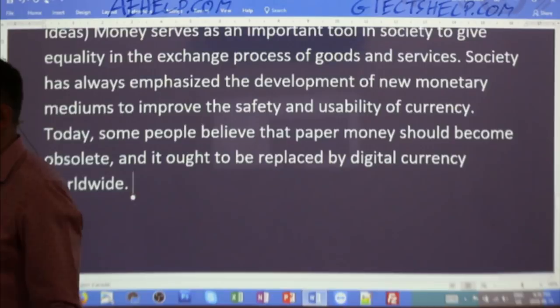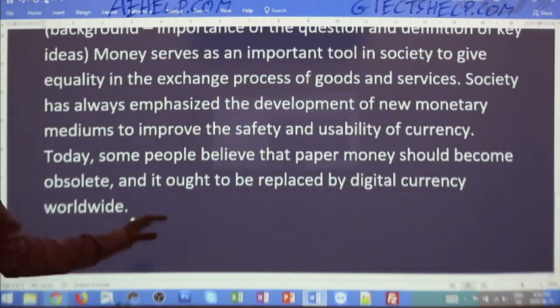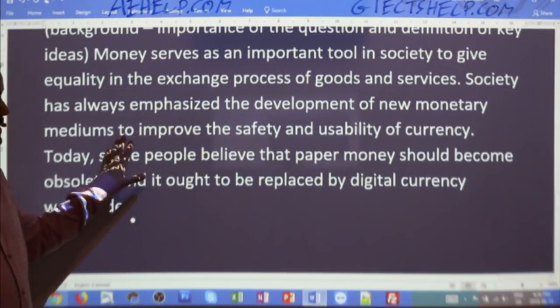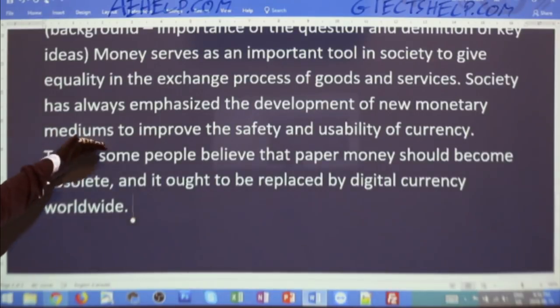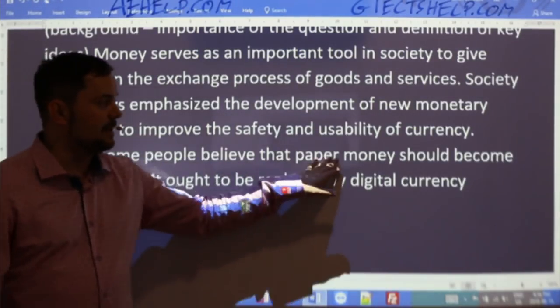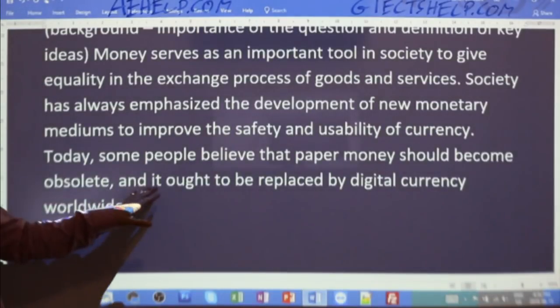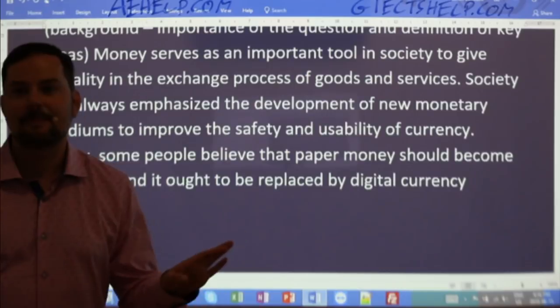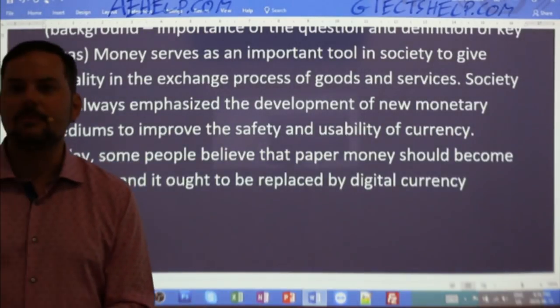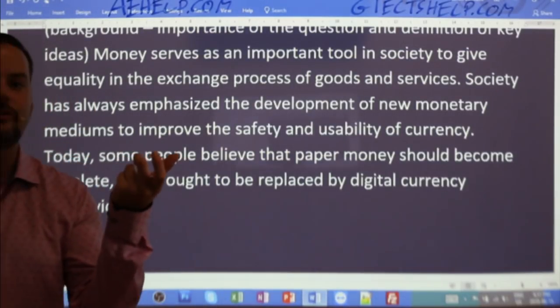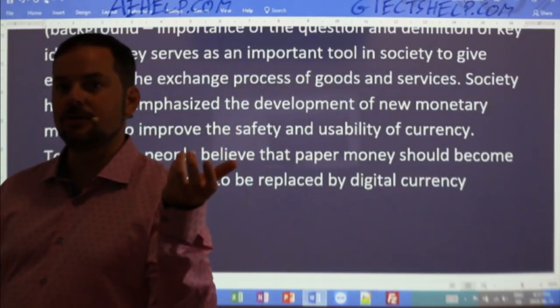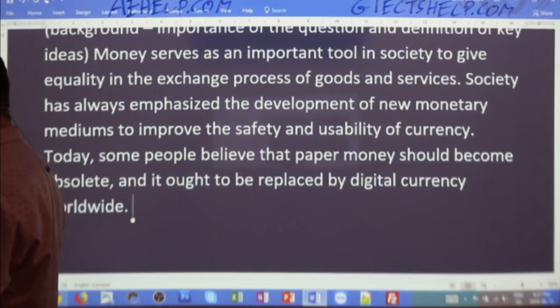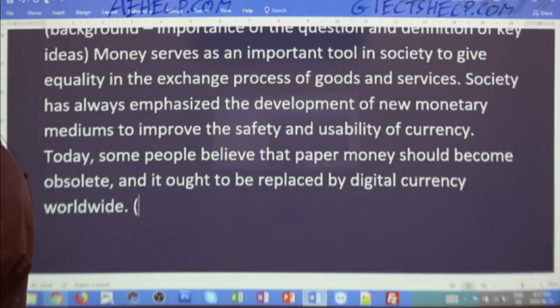Okay? So, following with this sentence that society is always working on new forms of money, today some people believe that paper money should become obsolete and it ought to be replaced by digital currency. Okay? All right. Monetary means having to do with money or financial, Dreamgirl 117. Okay, and then we cut right into our thesis.